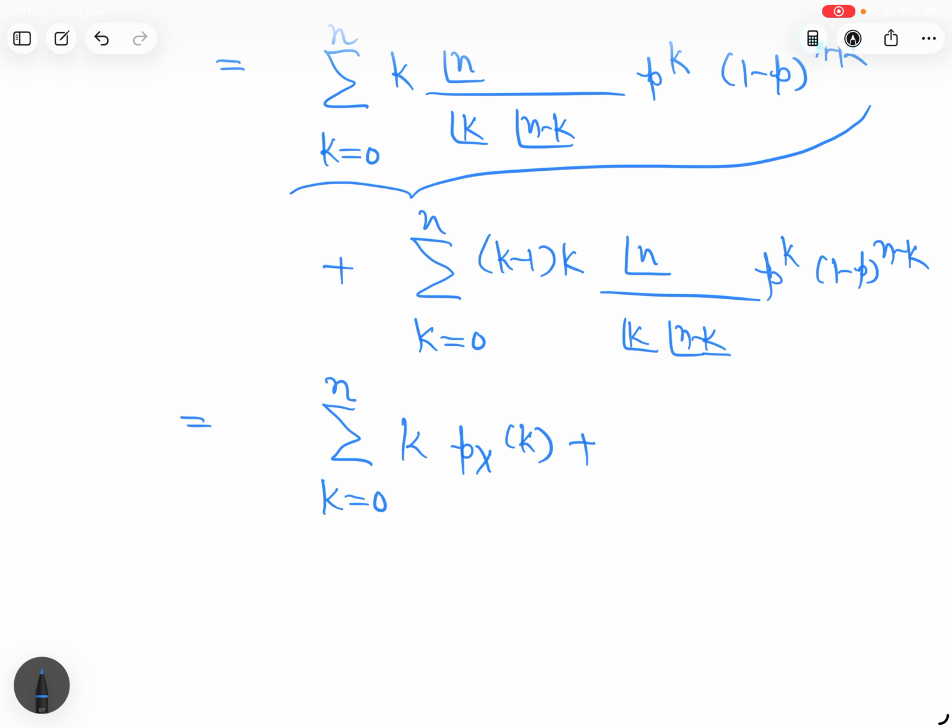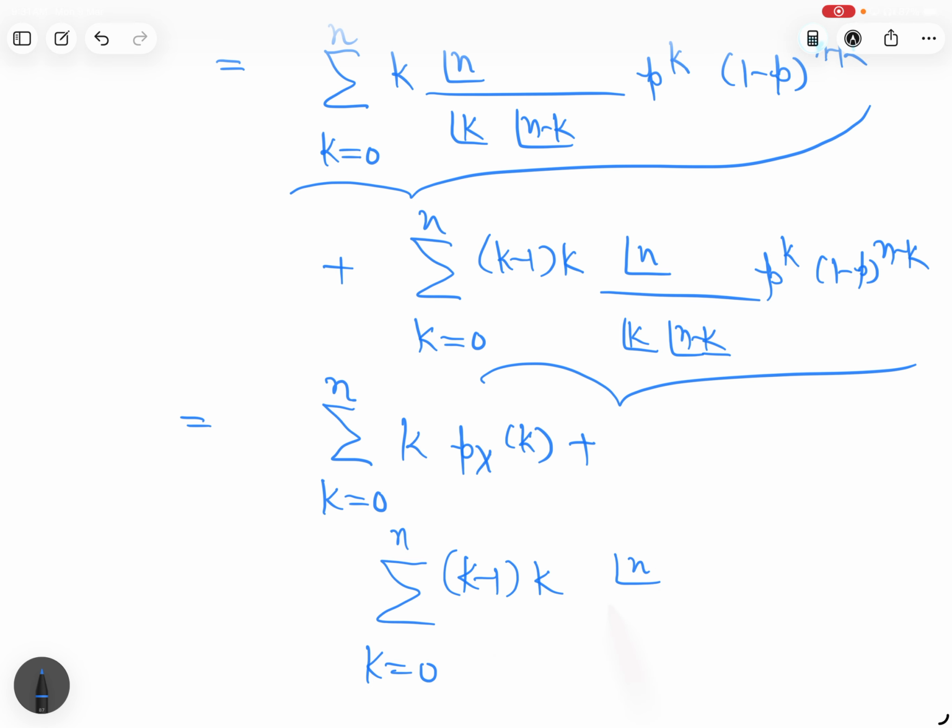And this part, I can open the factorial k. I'm writing the second part here: summation k goes to n, k minus 1 into k, factorial n.